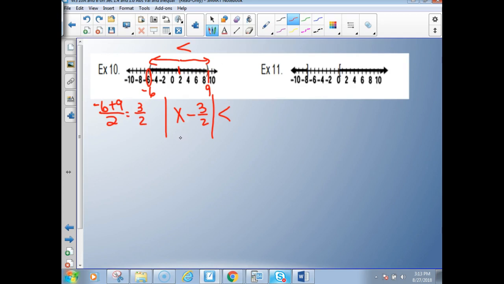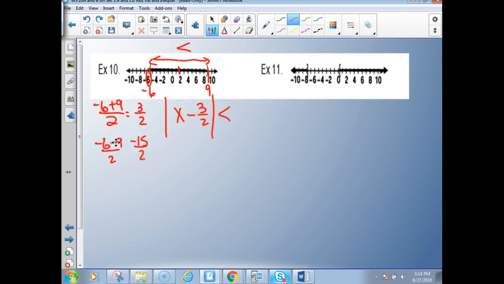All right, so what that distance is, how can you get the distance from there to there? Subtract them. Negative 6 minus 9, isn't it negative 15? Yeah, it's 15 halves, isn't it? 15 halves from here to here, right?